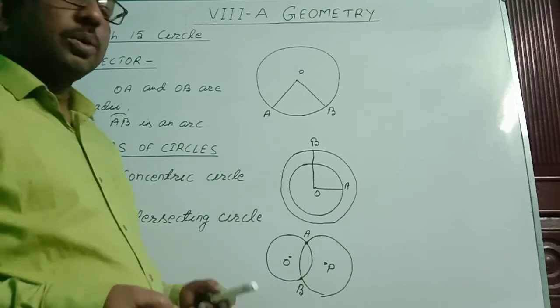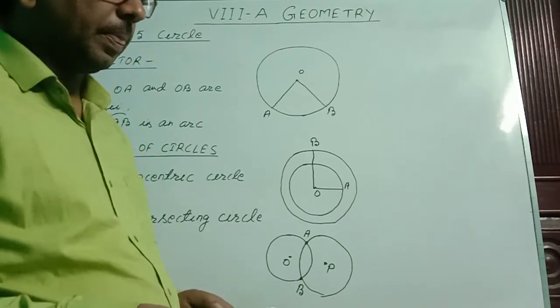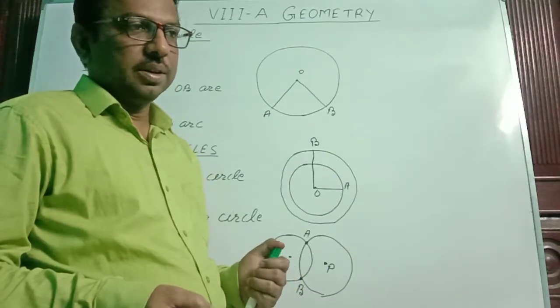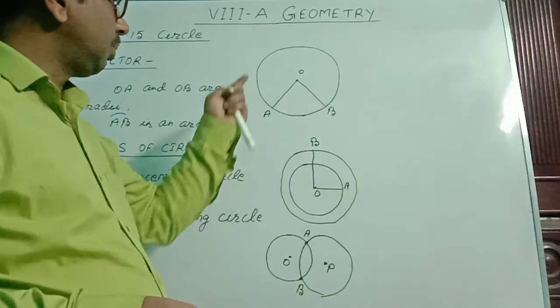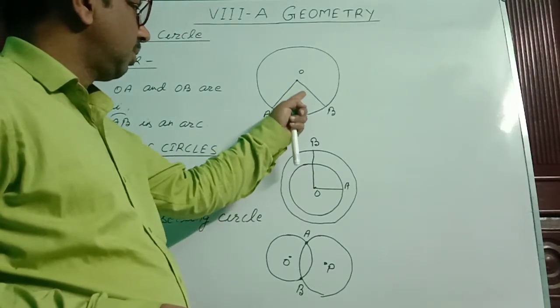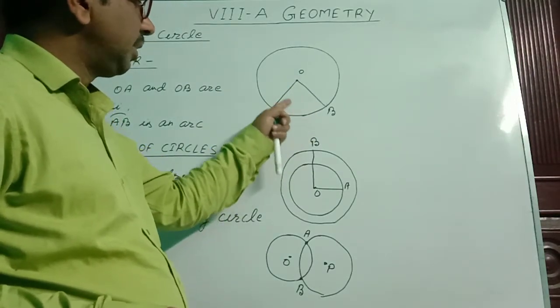Similarly, there are two types of sectors, as you have seen: minor arc, major arc. Like that, there are two types of sector. One is the minor sector. This region OAB is the minor sector.